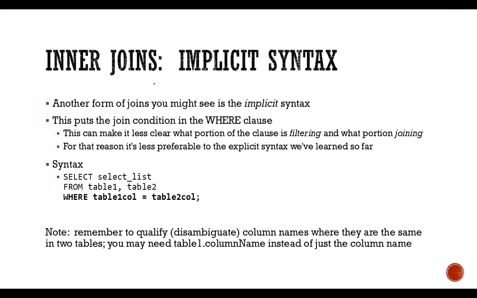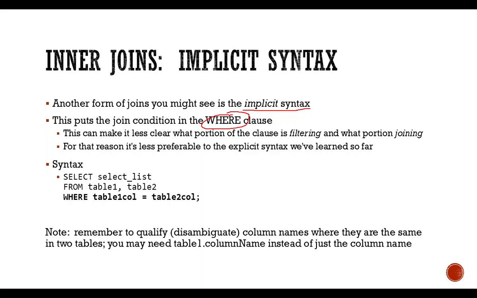But in the older way that I learned to do joins, instead of using the from clause, we're using the where clause, right? And it's called implicit syntax because you don't actually use the word join. So if it says the word join, that's pretty explicit. If it doesn't say that, then that is implicit, right? And you're putting this into the where clause.